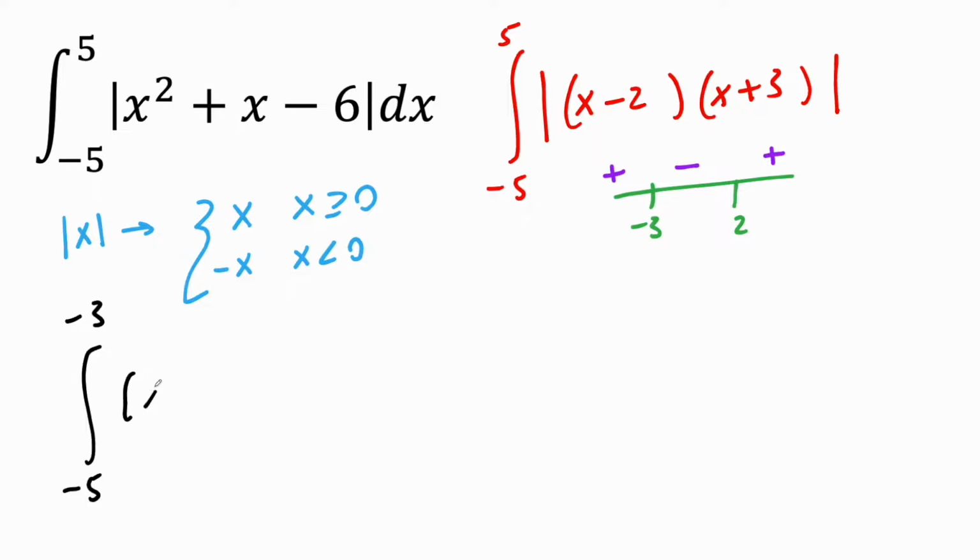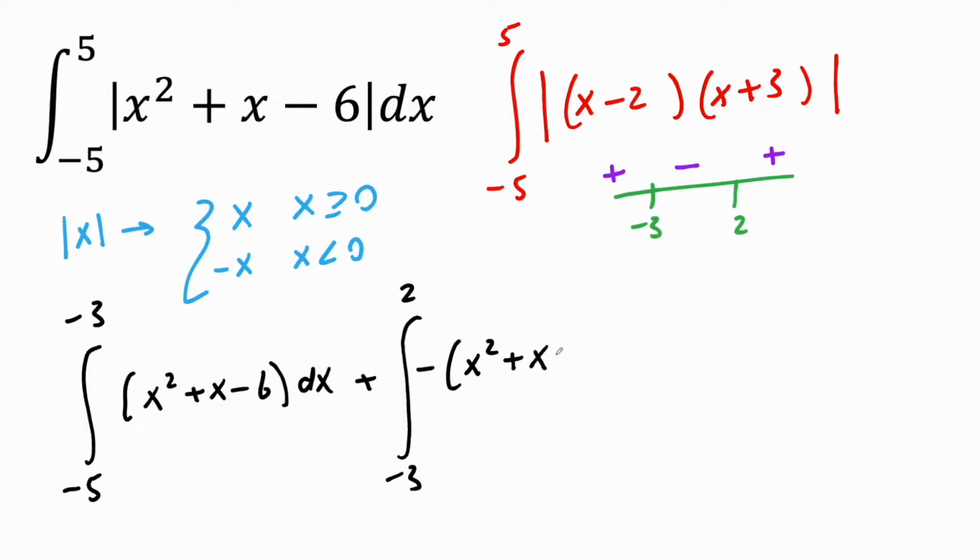So parentheses, x squared plus x minus 6, close it, dx, plus the integral from -3 to 5. But in our case, that won't work. We have to go from -3 to 2, because from -3 to 2, it behaves like negative. So I'm going to put a 2 here. Then I'm going to copy my equation, but I'm going to put a negative sign. So negative parentheses, x squared plus x minus 6, close it, dx.